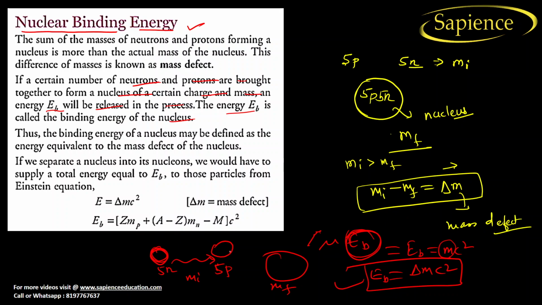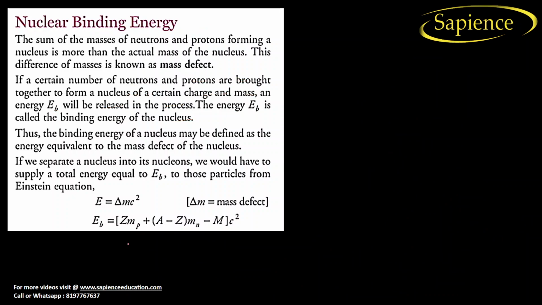Now, how to find Δm? Let us write one by one. Take 5 protons and 5 neutrons, I am just giving you an example. When they combine, they have an initial mass, and after combination of the 5 protons and 5 neutrons, energy will be released.